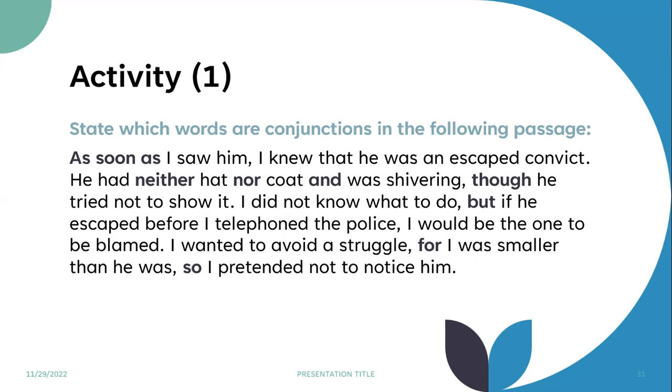I wanted to avoid a struggle, for I was smaller than he was, so I pretended not to notice him. So in this passage, the conjunctions are as soon as, neither nor, and, though, but, for, so. If you notice any other conjunctions, please write it in the comments, or you can contact me on the Google Classroom.